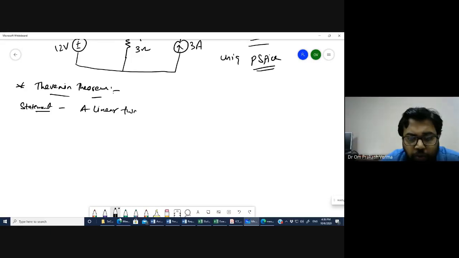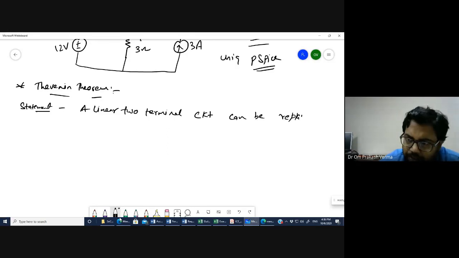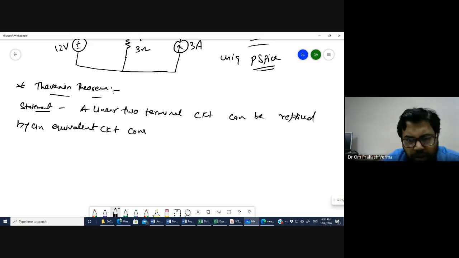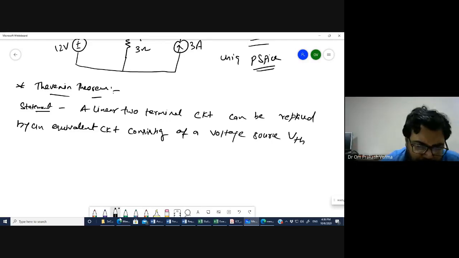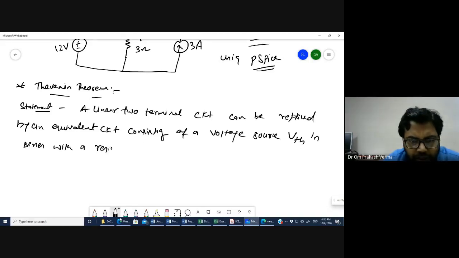A linear two terminal, or you can say bidirectional two terminal, circuit can be replaced by an equivalent circuit consisting of a voltage source, that is VTH, known as Thevenin voltage, in series with the equivalent resistance, or you can say the resistor, known as RTH. Again, it is known as Thevenin resistance.